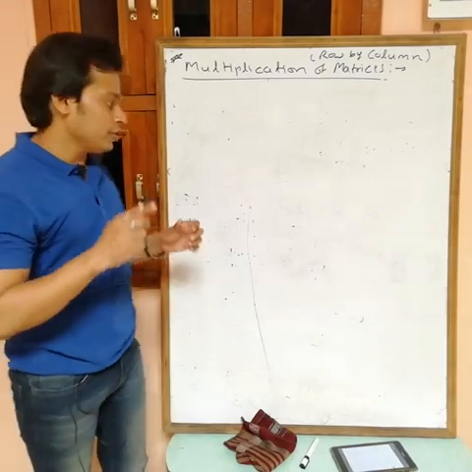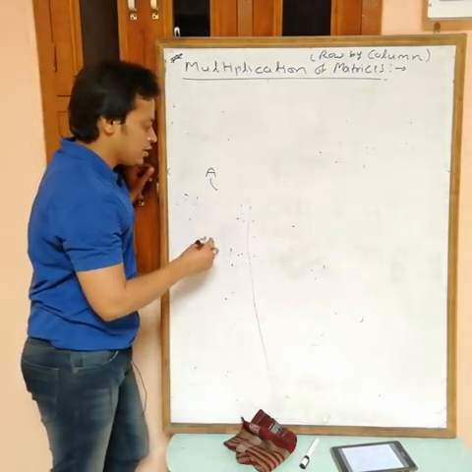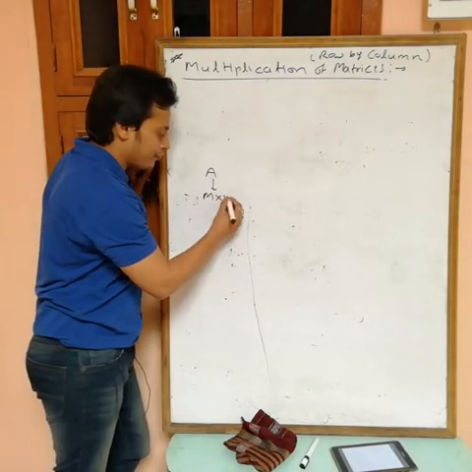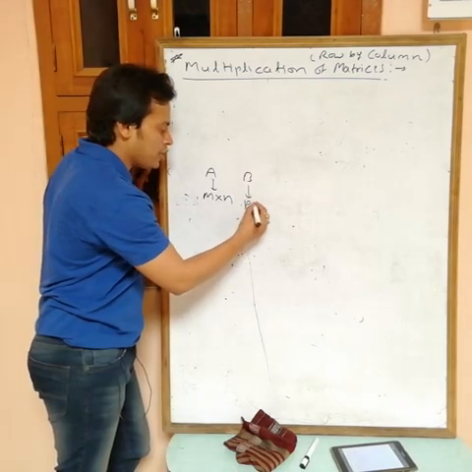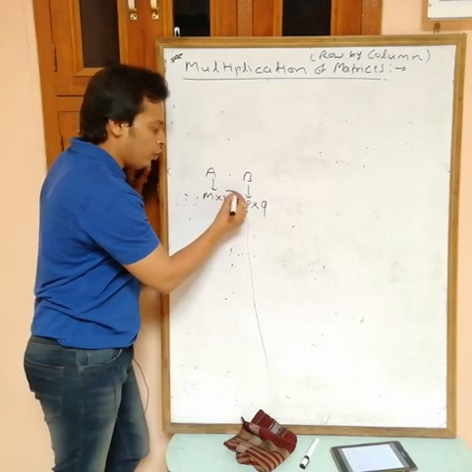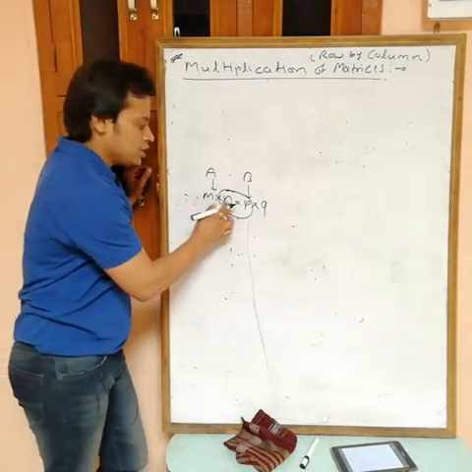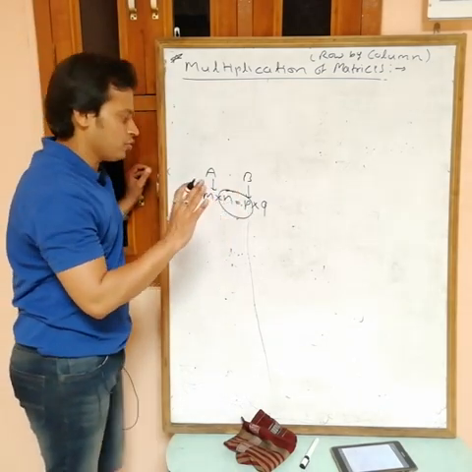If A is a matrix of order m by n and B is a matrix of order p by q, then A into B is only defined if these two values, n and p, are the same. Otherwise it is not defined.